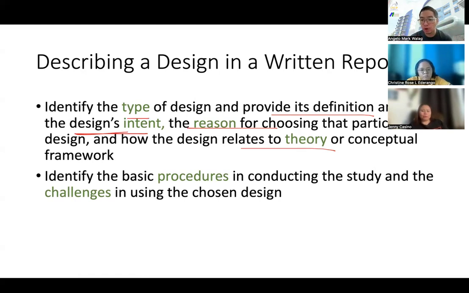Will it explore the theory? Will it build a theory? And so on. You have to clarify that in your research design. Next, it should also provide the basic procedures, the steps, the phases that I mentioned, so that you already foreshadow to your readers the different phases of your study.